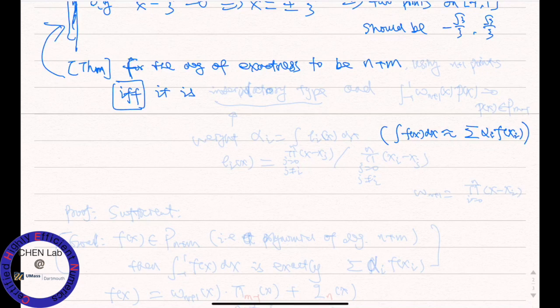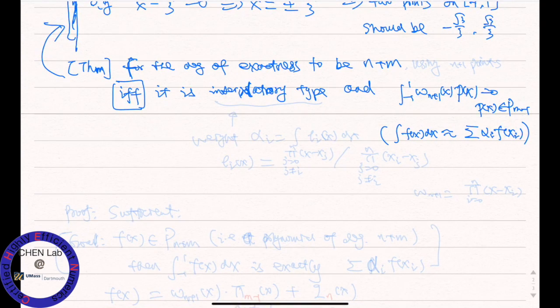It is of interpolatory type, and that the integral from -1 to 1 of omega m plus 1 of x times p of x is equal to 0 for p of x a polynomial of degree m minus 1.